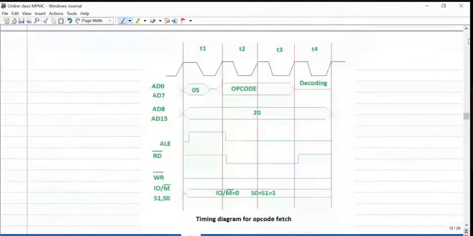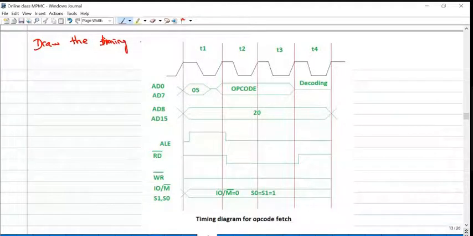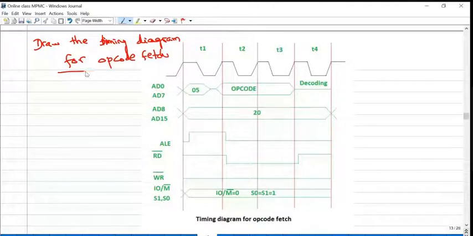This one: draw the timing diagram for the opcode fetch operation by the microprocessor.